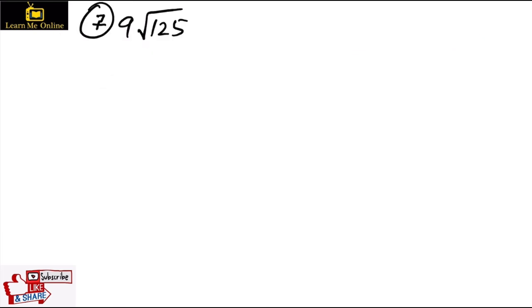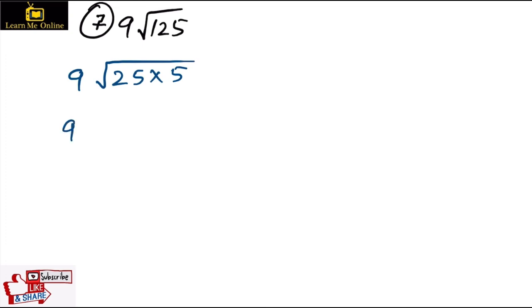Okay, now we're going to look at the next example. We see that now we have a number written outside the square root, which is 9, which we're going to keep the same. The number written inside the square root is 125. We try to split this 125 into a multiple of the square number, and we know that 25 times 5 would make 125.